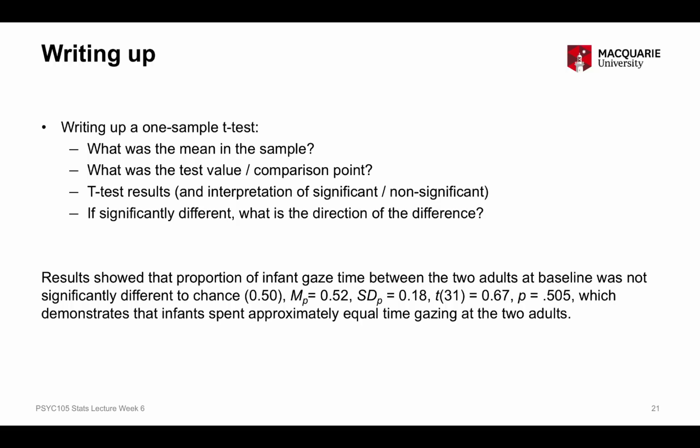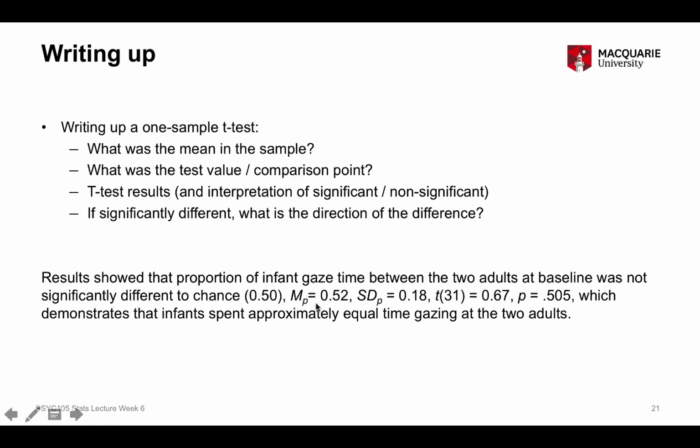We could say that the results showed that the proportion of infant gaze time between the two adults at baseline, because that's the thing that we're investigating, was not significantly different to chance, and chance would be represented by a proportion of 0.5.